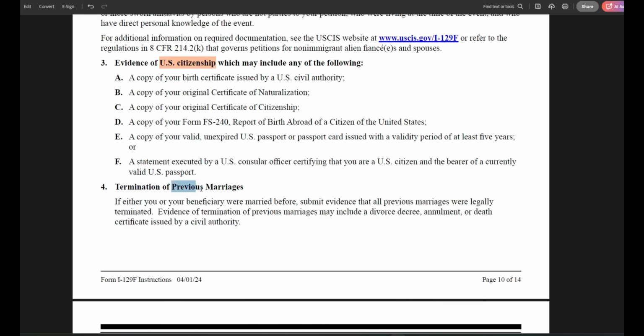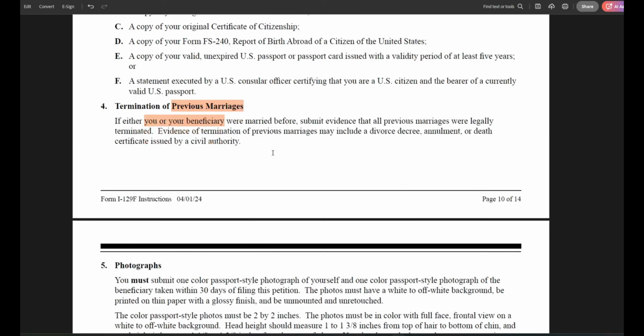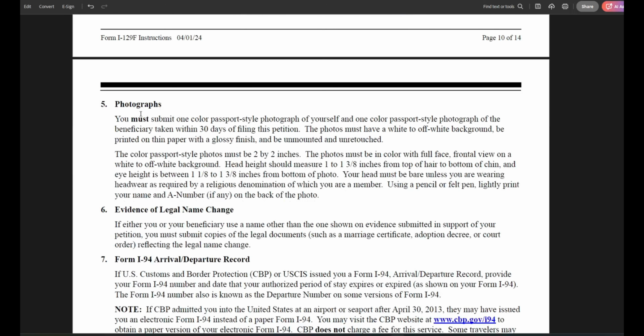Next, if you had any prior marriages, you will need to provide proof of termination of that, and that applies to both you or the fiancé beneficiary, so it could include divorce certificates, annulment certificates, death certificates, etc.